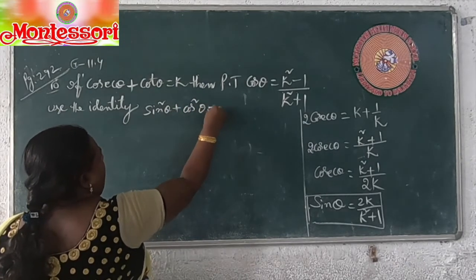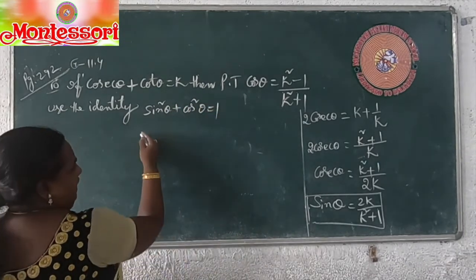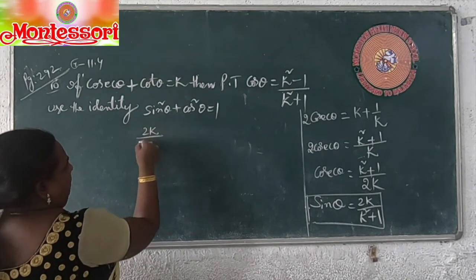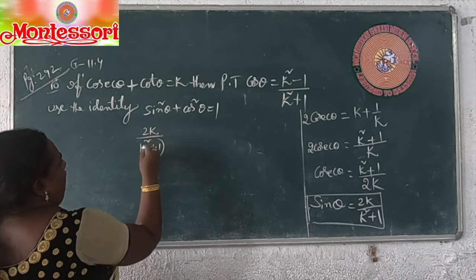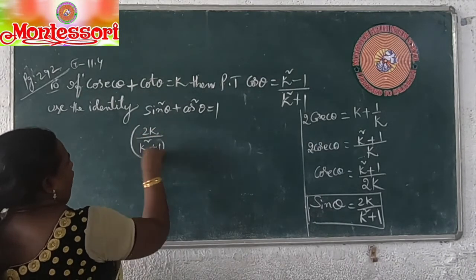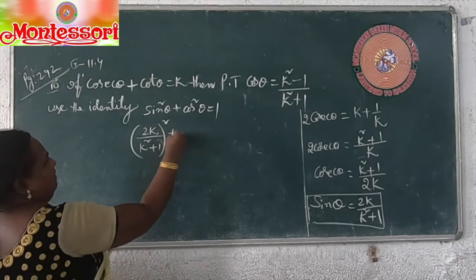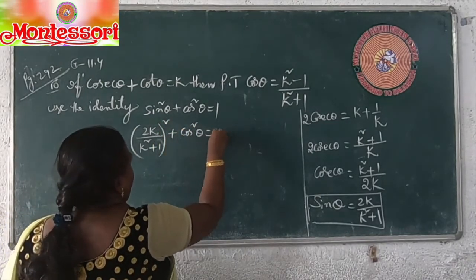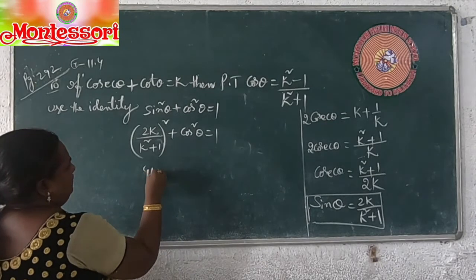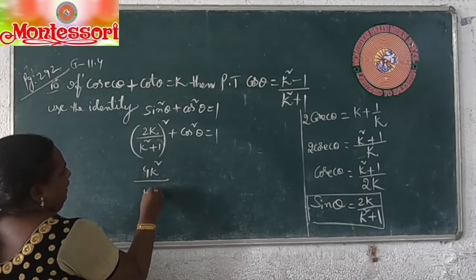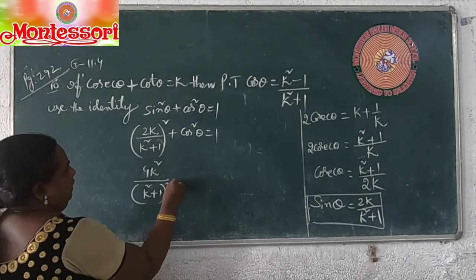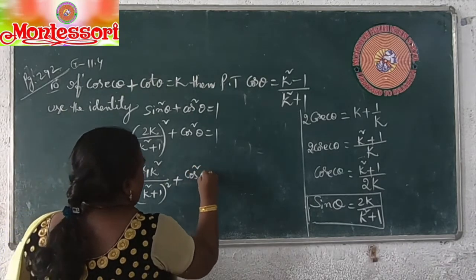Now we substitute sin theta as 2k by (k square plus 1), whole square, plus cos square theta is equal to 1. So 4k square by (k square plus 1) whole square plus cos square theta is equal to 1.